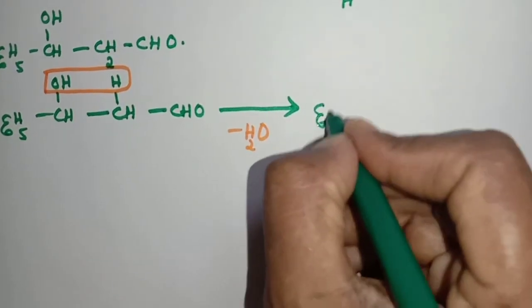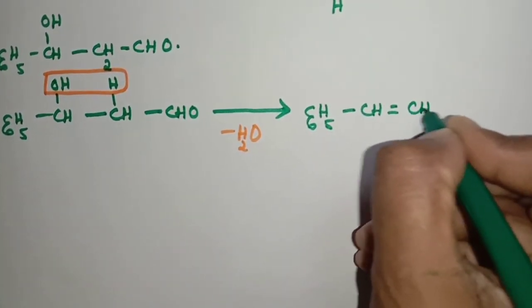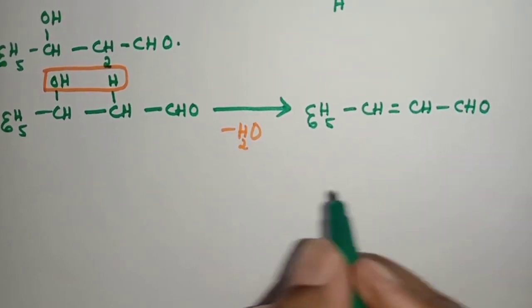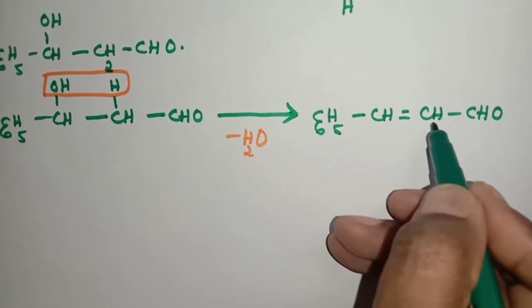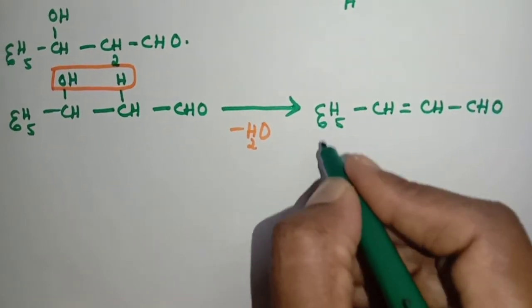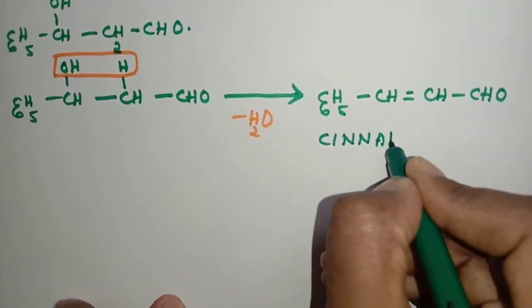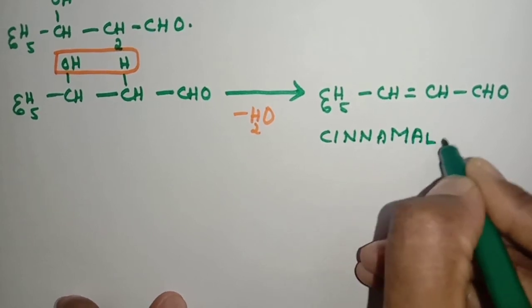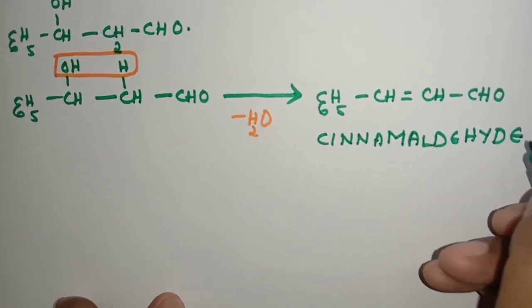Resulting in the formation of C6H5 CH double bond CH. Previously in the first one we got CH3 CH double bond CH CHO, that is called crotonaldehyde, but here it is a C6H5 group, and it is called cinnamaldehyde.